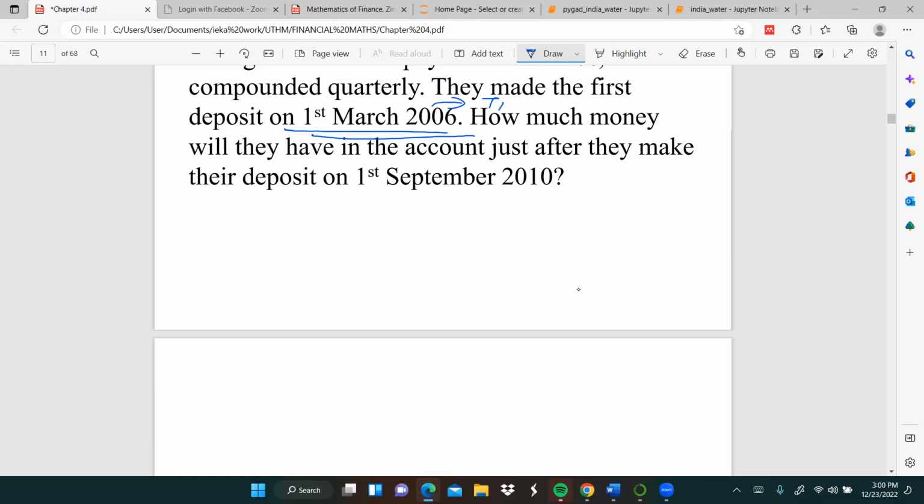The payment is every 3 months, so if 1st March 2006 is time 1, then time 0 is December 2005.